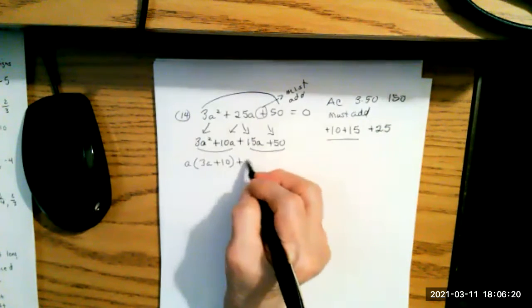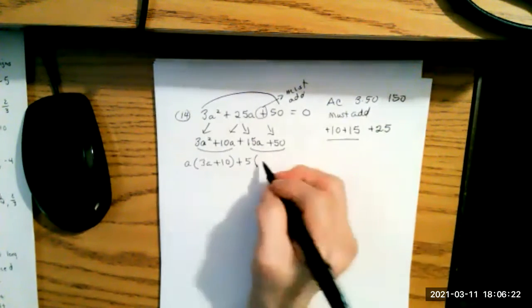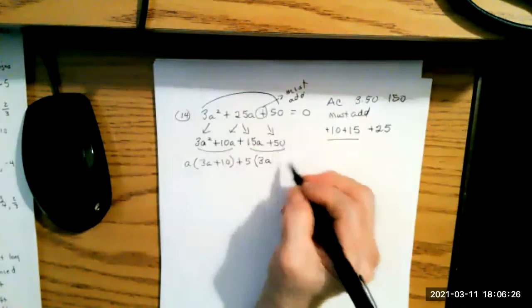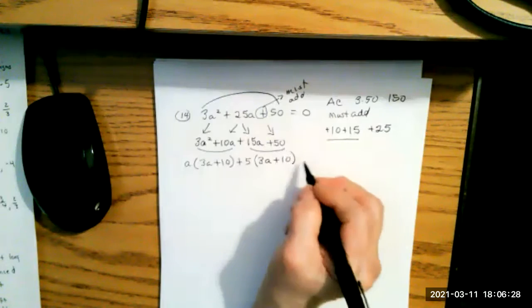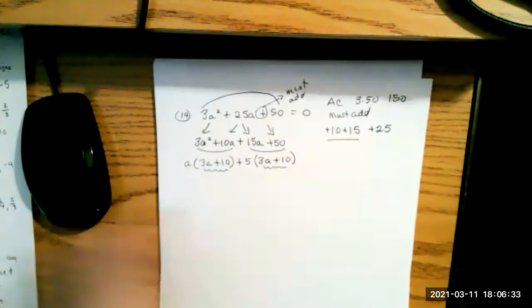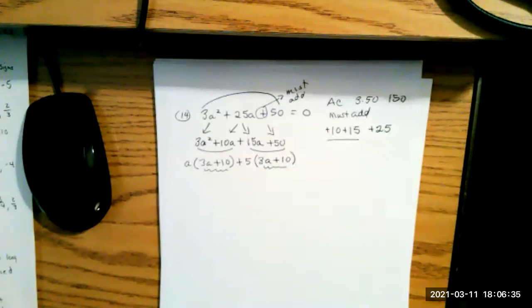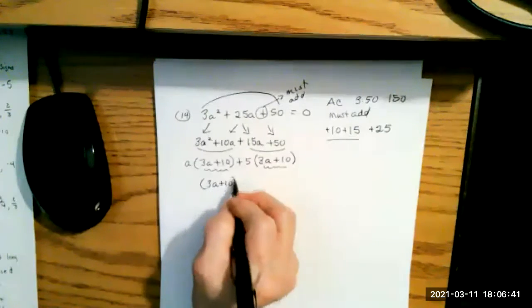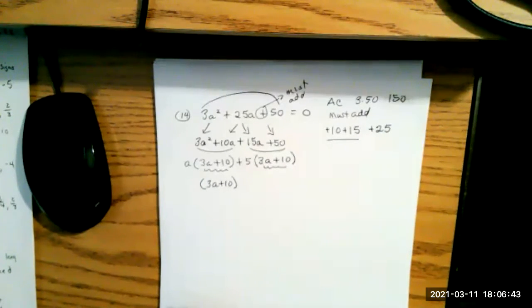If I take out a 5, that'll give me 3A, and if I take out a 5 out of 50, I have 10. Like I said, it's always just magic. That's always the same. It happens every single time. Then your common factor is 3A plus 10. That's the 2 groups that look just alike.